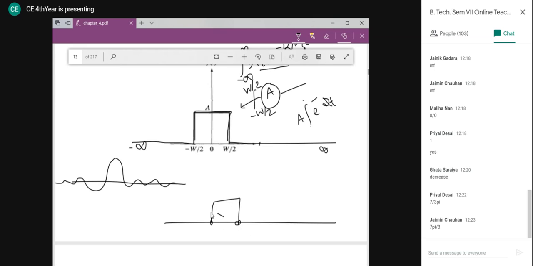Now, its Fourier transform is this. What is the meaning of that? What is the meaning of Fourier transform? Suppose my Fourier transform is like this. What is the meaning of that? This sinusoidal of this frequency with this amplitude exists in my curve.